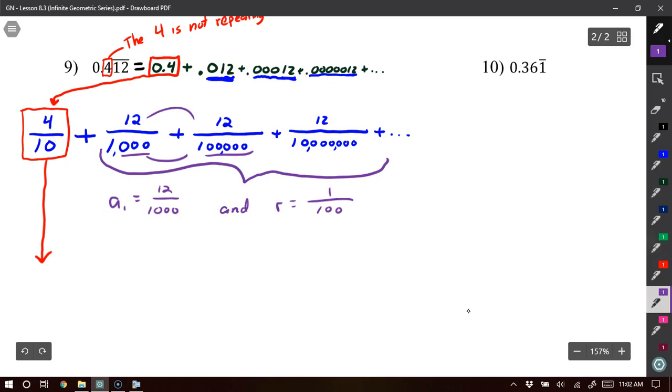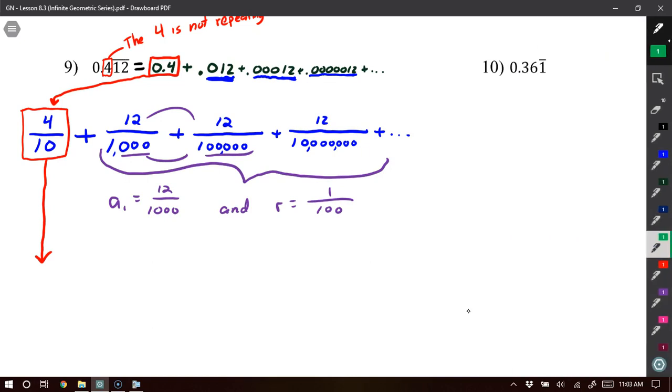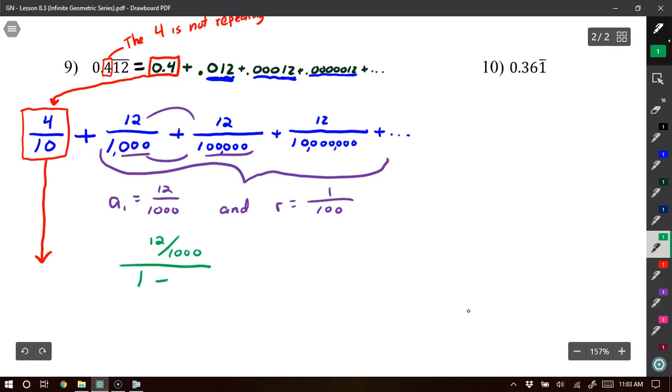So the sum of just this purple part is going to be your A1, and let's try and keep the color coordinated as I've been doing. So we have, in this case, A1, which is 12 over 1,000 divided by 1 minus r. So 1 minus 1 over 100. So that would be 12 over 1,000 divided by 99 over 100.